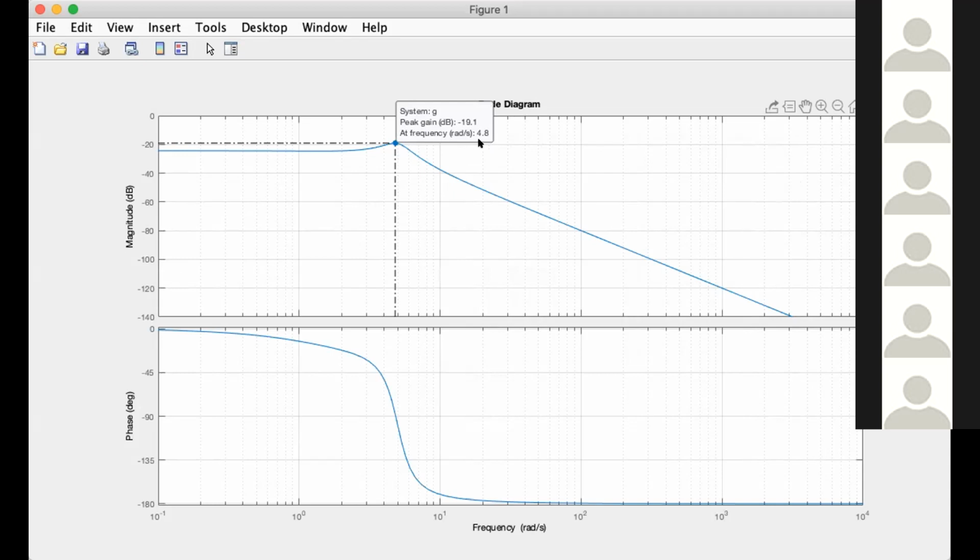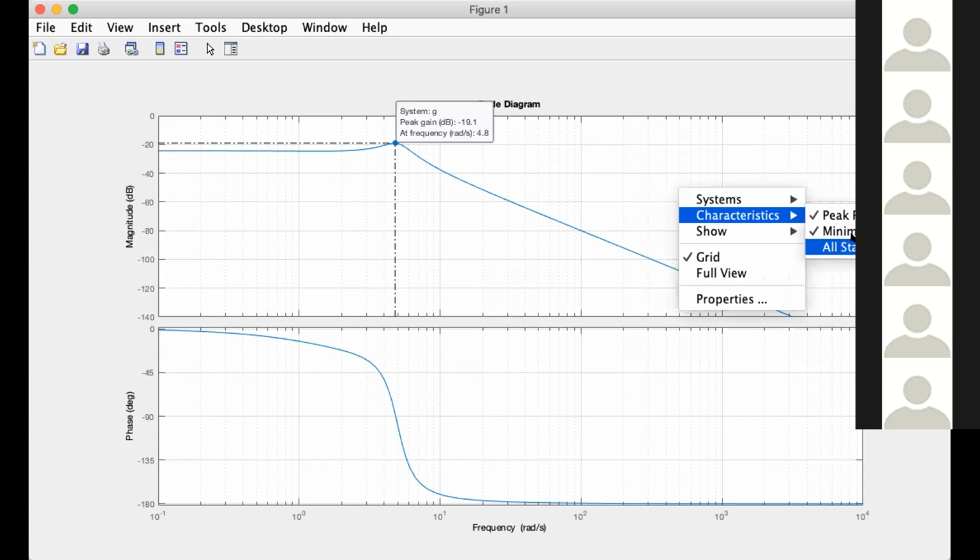So 4.8 radian per second is the peak frequency, at the peak gain of minus 19.1 decibel. Then the minimum stability margins are not available, and all stability margins are also not available.